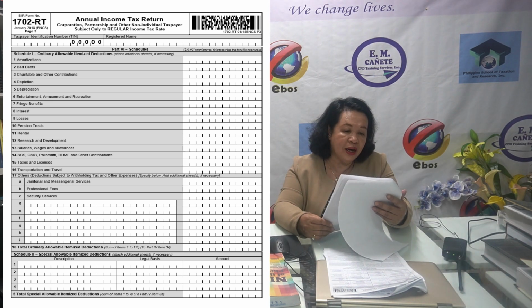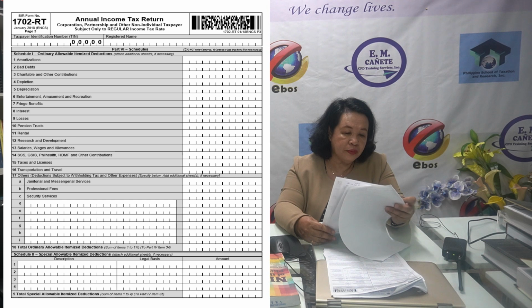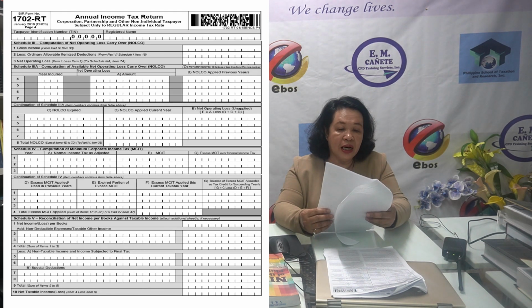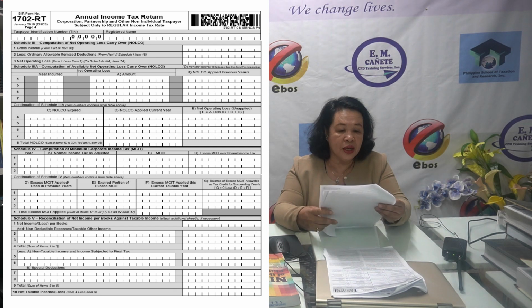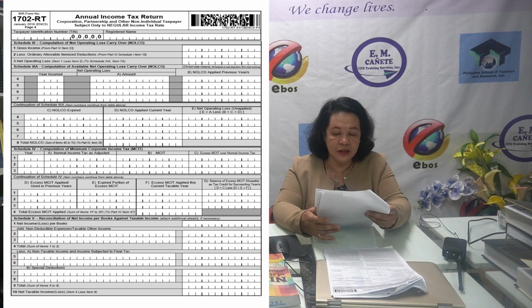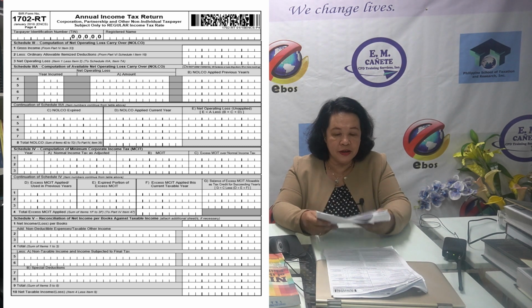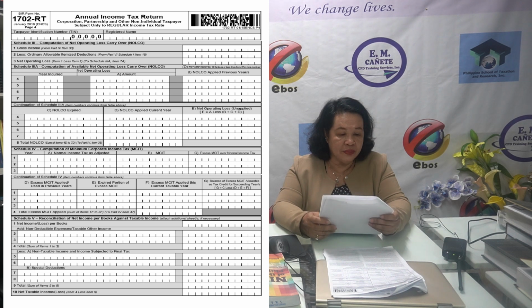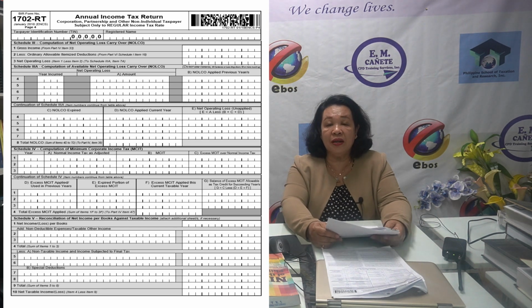And then we have also page number 4, which is the last page of this annual income tax return for corporations. We have taxpayer identification number and also registered name as the first information required that you are going to fill up. Then we have Schedule 3, the computation of net operating loss carryover or NOLCO. What is this net operating loss carryover?